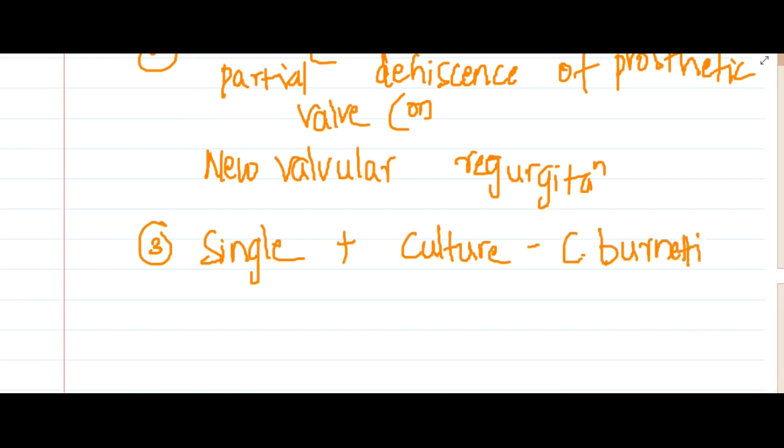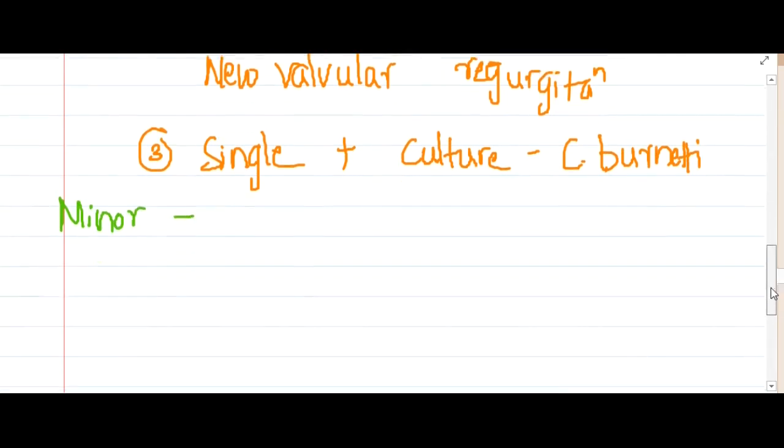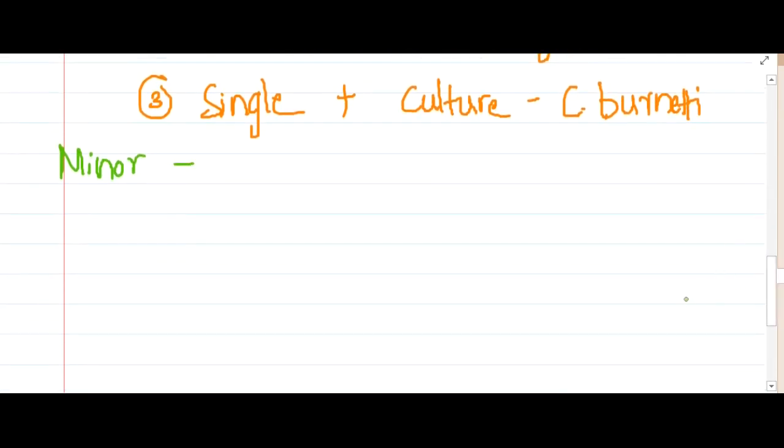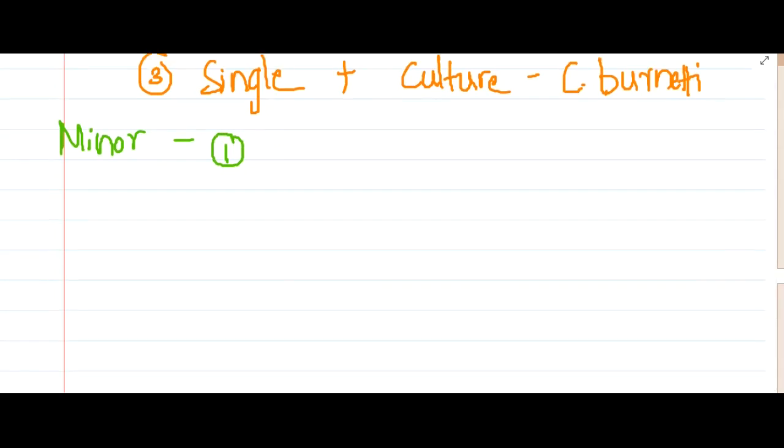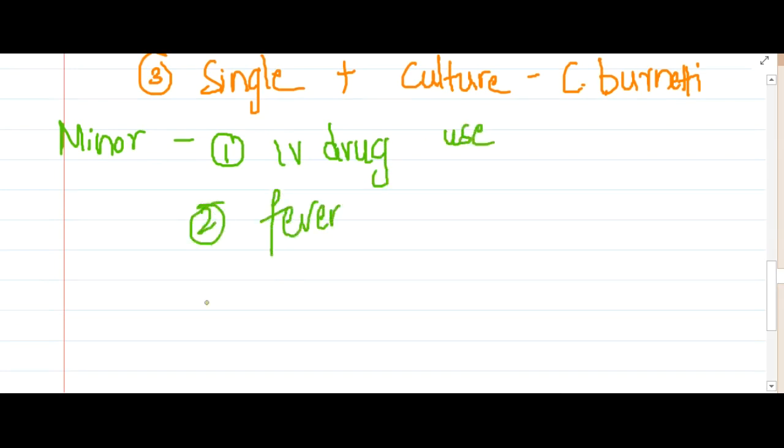Then we have the minor criteria. In the minor criteria, one, IV drug use, or second, if the patient suffers from fever or increased temperature.